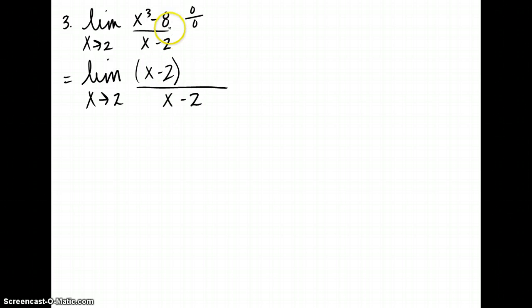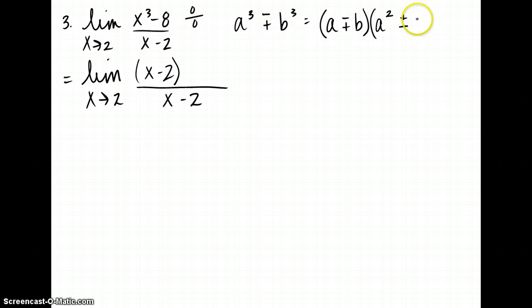So let's talk about factoring cubes. So the first factor remains the exact same. And now the second factor looks a lot like a quadratic. It is a quadratic. It looks like the perfect square. Square the first, switch the sign of the original problem, find the product, and then square the last.